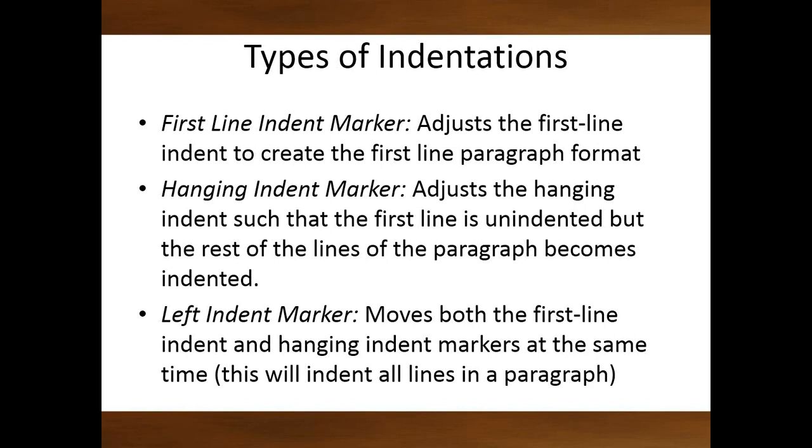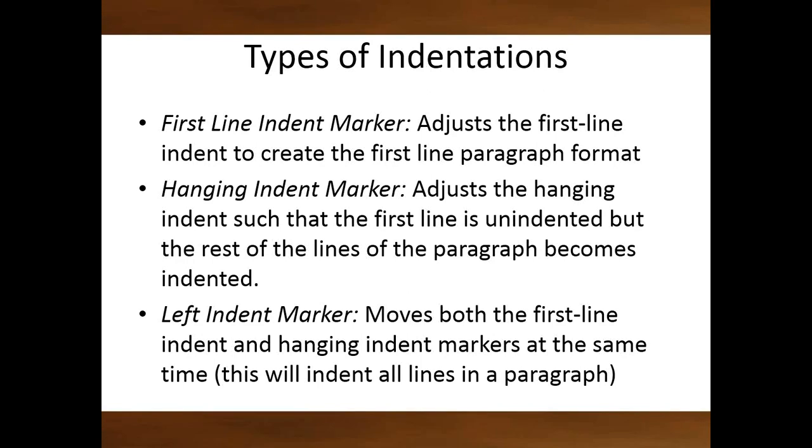The opposite is the hanging indentation. Here, the hanging indent marker adjusts the hanging indent such that the first line is unindented, but the rest of the lines of the paragraphs becomes indented.